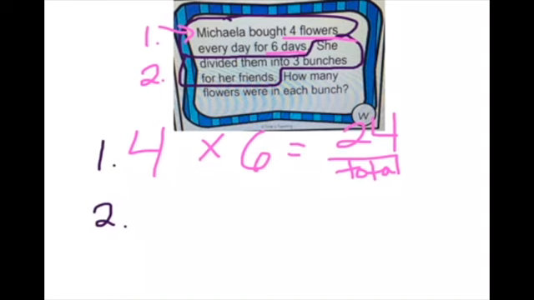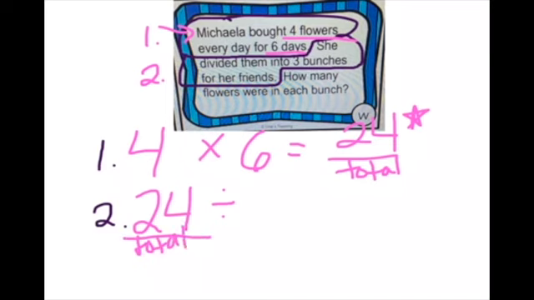And then let's look at step 2. She divided them into 3 bunches for her friends. Okay, so this was our total number of flowers, right? 24. We know that when we divide, we always have the total be at the front.